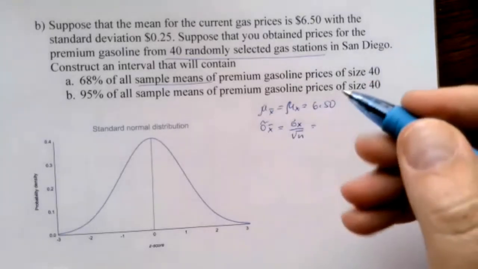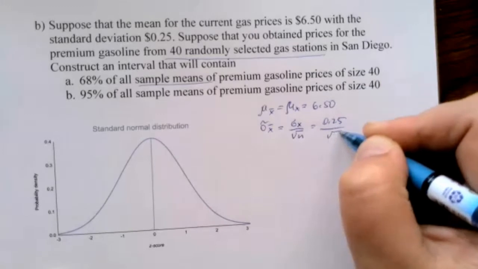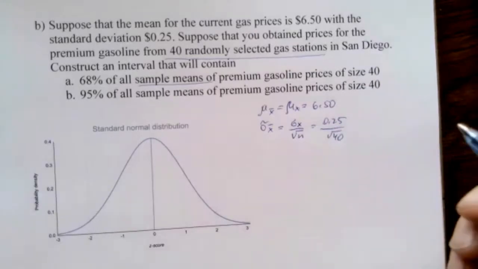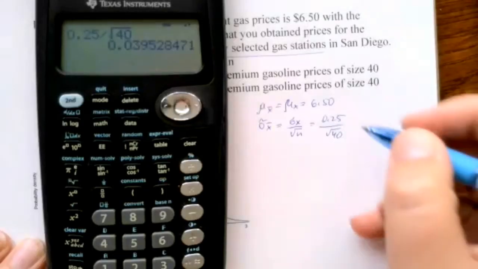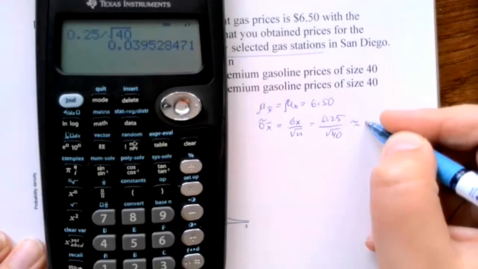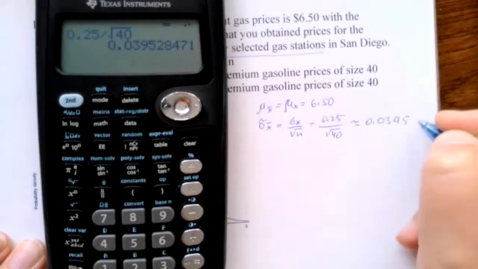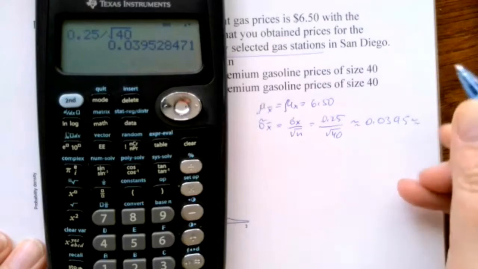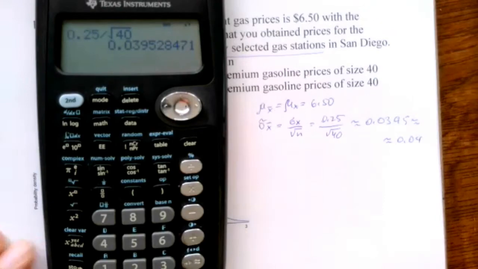So in our case, it's going to be 0.25 divided by the square root of 40. And what is that going to be? That is approximately 0.0395, or let's round it to 2 decimals. It's going to be 0.04.